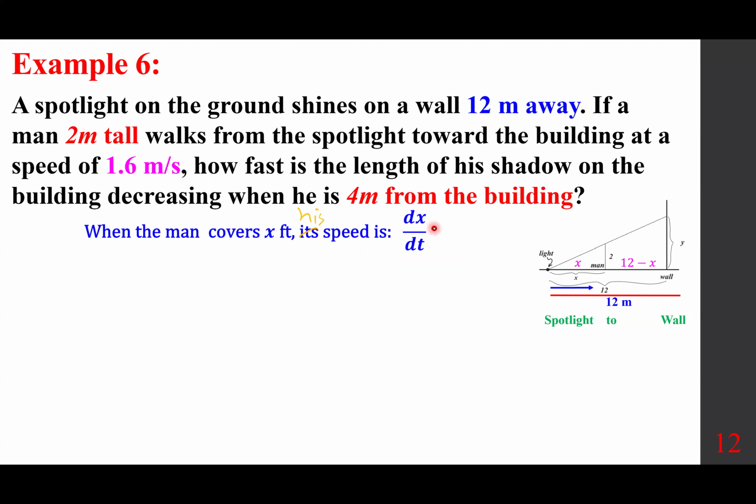So dx dt is 1.6 meters per second. We want dy dt.